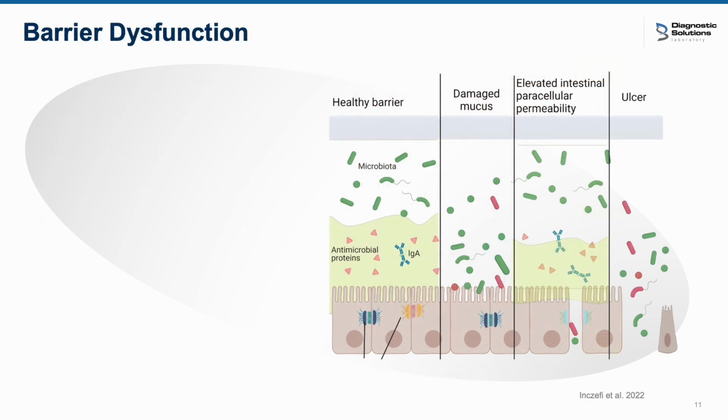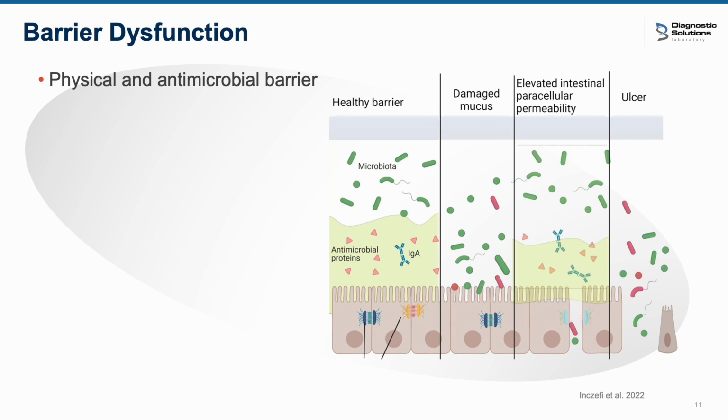Now, barrier dysfunction is a huge factor as well, and an area where we can really target people's health from a functional perspective. I'm going to keep this very, very simple. So our GI barrier, or gastrointestinal barrier, is both a physical and an antimicrobial barrier.